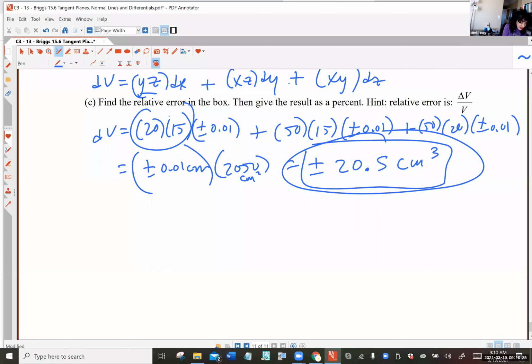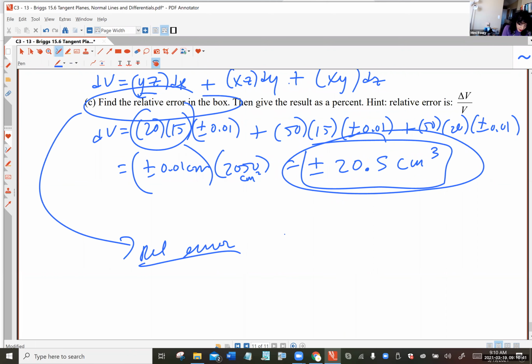Now, what about the relative error? So relative error is where you basically do a ratio. You compare your delta V, which we're going to use dV because dV is essentially close to delta V, and divide it by V. So we got 20.5, and the units are going to cancel, so I'm just not even putting them in there.